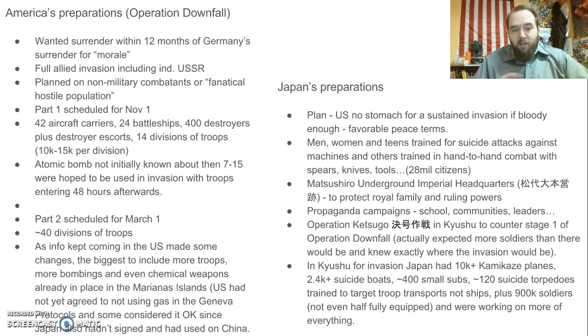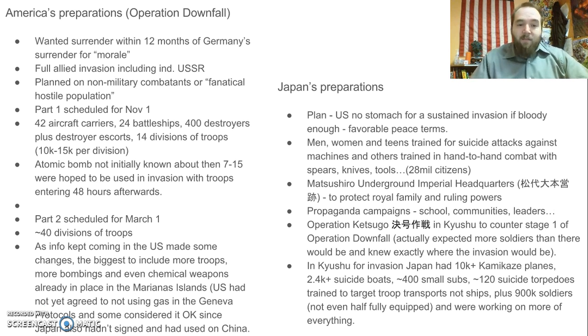They listed these people as fanatical, hostile population in the invasion documents. The first part, it's a two-part invasion plan, was tentatively scheduled for November 1st. Obviously it wasn't needed because of the atomic bombs causing surrender.